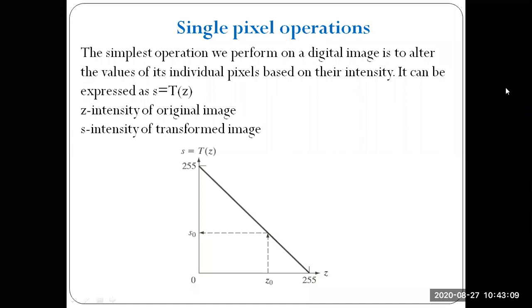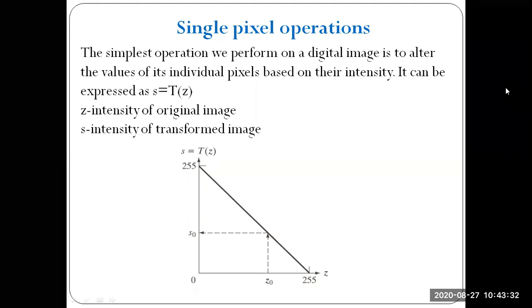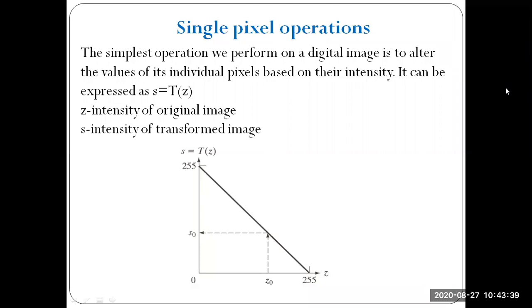Suppose here I am considering a pixel value Z as my input, S is output. Z is the original input image pixel, and S is the pixel value after transforming the image. T is the transformation, which may be an intensity value, color value, whatever it is.